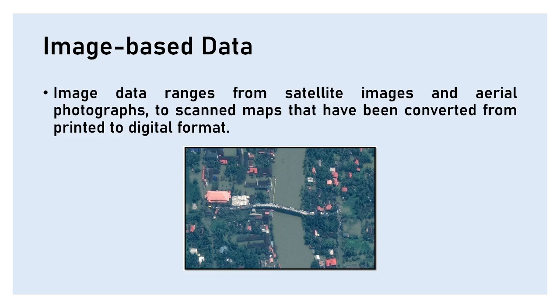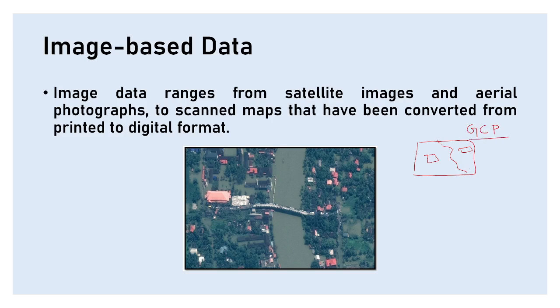Let's say you have certain buildings and maybe some river flowing in the image. For georeferencing, first you have to establish the ground control points.